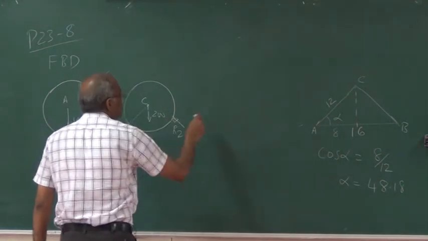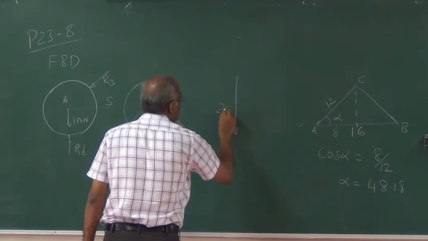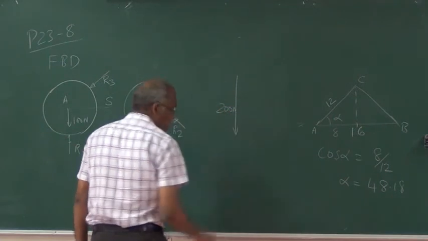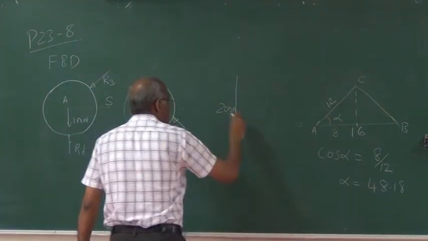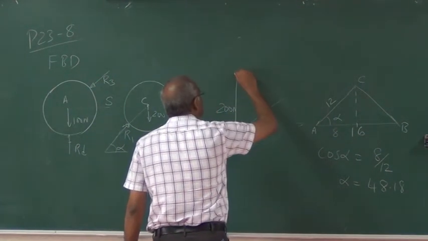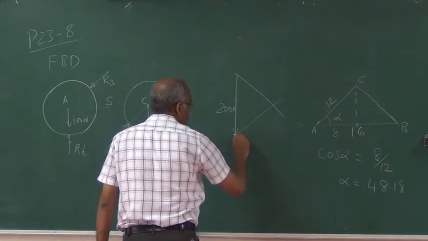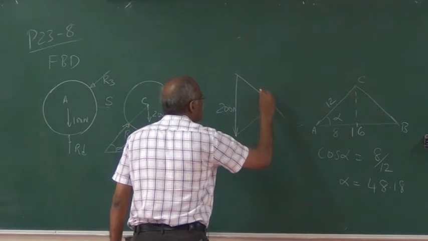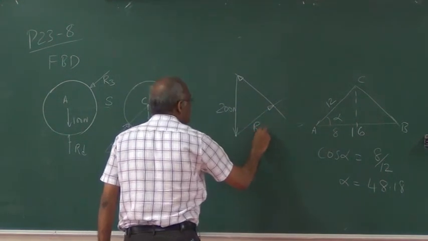Now I can construct the force polygon for this. I have the 200 Newton, the weight of the top cylinder, which is like this. Then you have R1 like this. You can have this at this angle. So this is to be closed. So this is the tail, and you have the head here. So this is going to be R1.